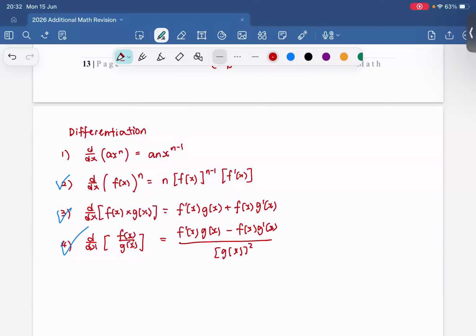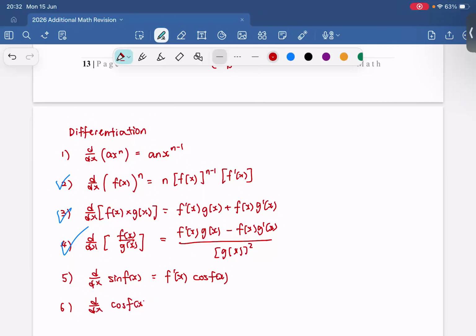Last but not least, trigo. Then you still have your ln f(x). So this just puts the denominator, differentiate, and put at top.